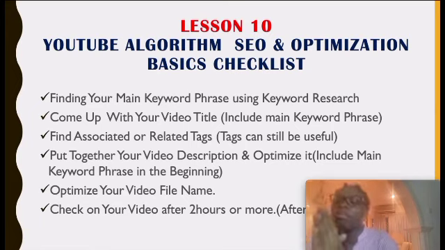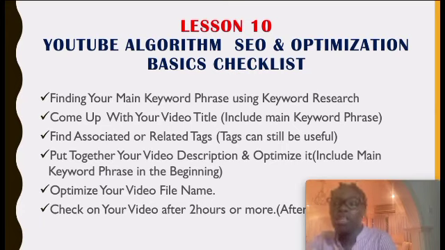If you input your videos the wrong way, the algorithm cannot automatically show or recommend your videos to the audience that you are looking for. That is why it is very important to consider how the algorithm works, how SEO works, and how optimization can help you reach the views that you want.